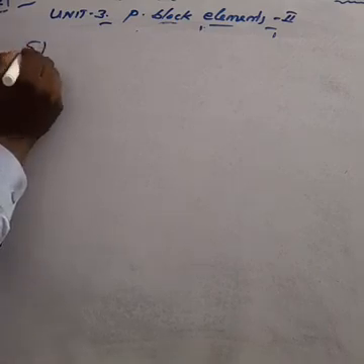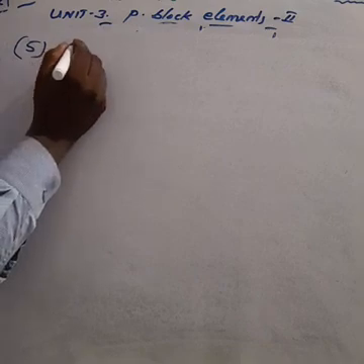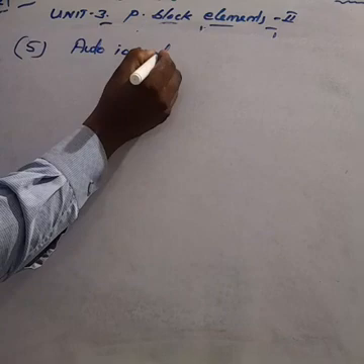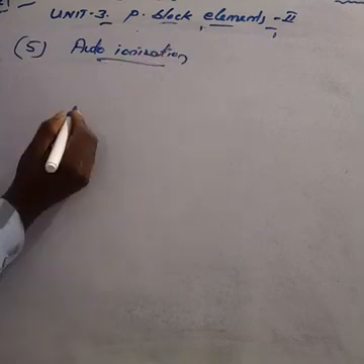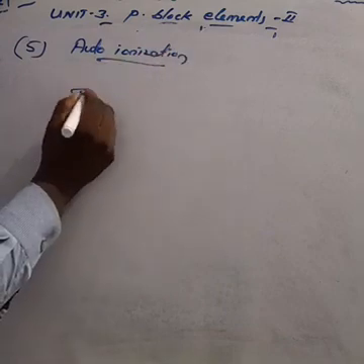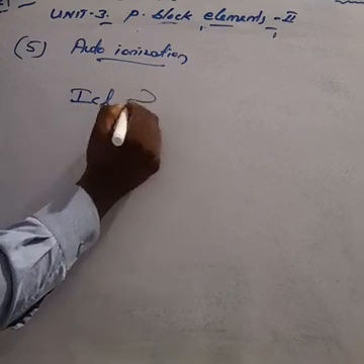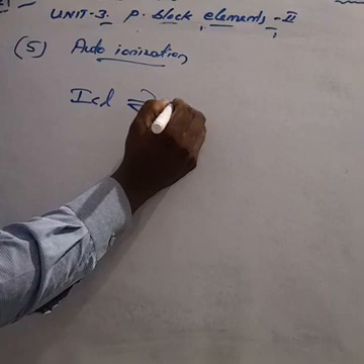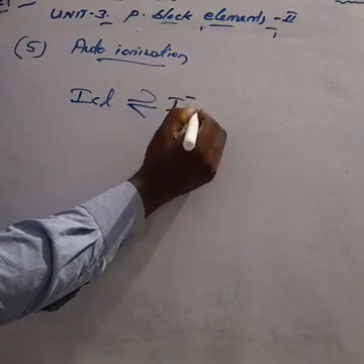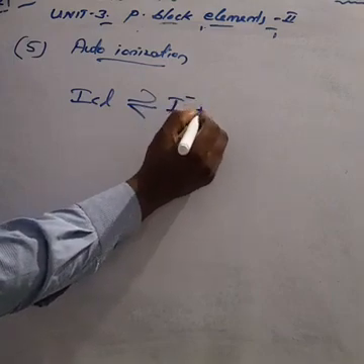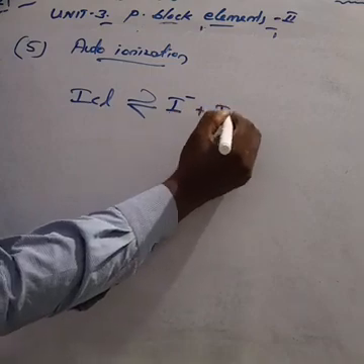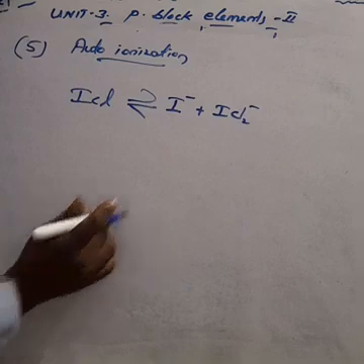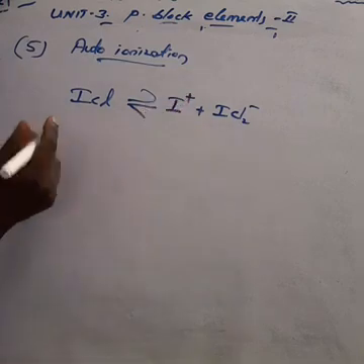Next, they can undergo auto-ionization process automatically. For example, we take ICl, iodine chlorine, which undergoes auto-ionization, forming ions. One has a plus charge and another has a minus charge. ICl is converted into I+ and ICl2-. How much chlorine is there? 2 chlorine, so make the reactant side 2.